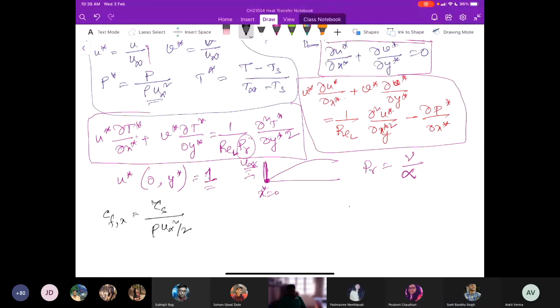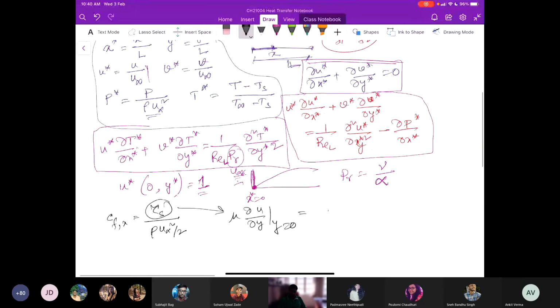Okay, fine. So now what is this value? This is nothing but mu du/dy at y equal to 0. Agreed? Yes. This is tau s. So now if you further replace these things that we have just got, that instead of u, you write it in terms of u star, that means you try to non-dimensionalize it.